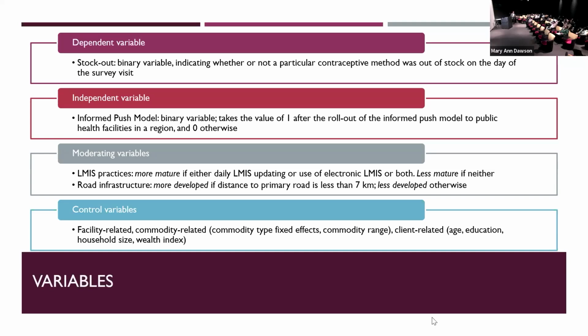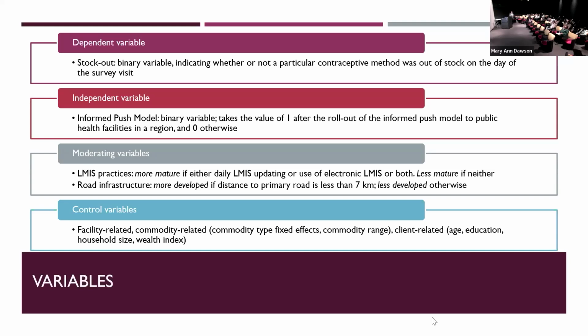Okay, and then the road infrastructure is classified as more developed if the distance between the health facility and the primary road is less than 7 kilometers, and is classified as less developed otherwise. So the closer you are to the primary road, the more developed the infrastructure. Then we have a bunch of control variables. We control for facility characteristics.